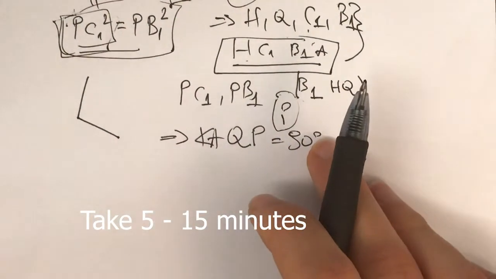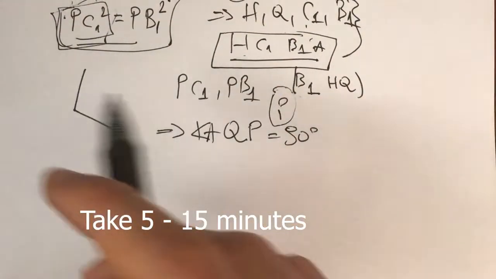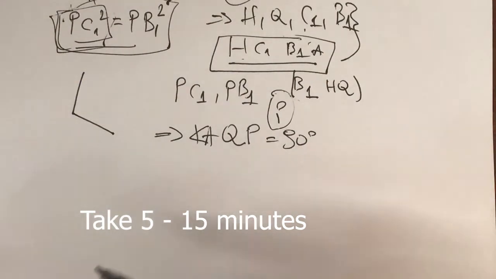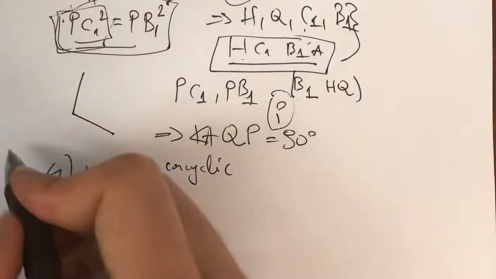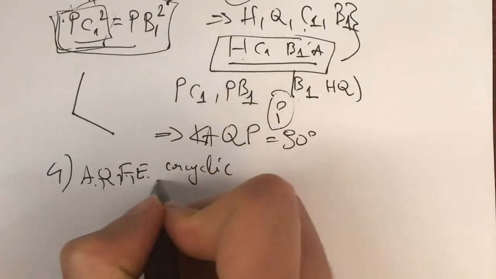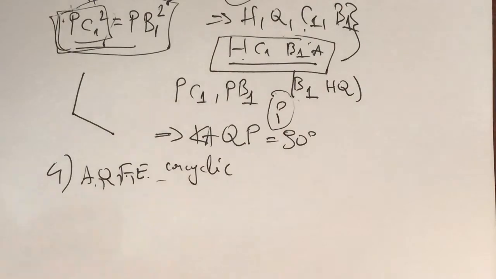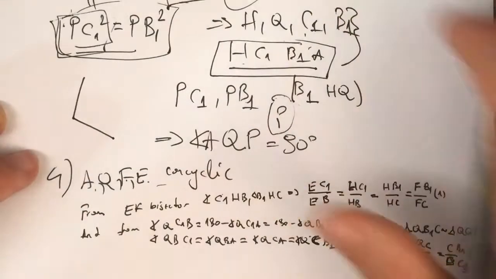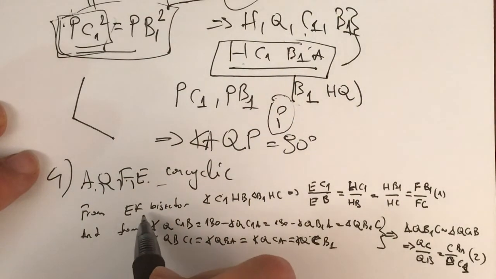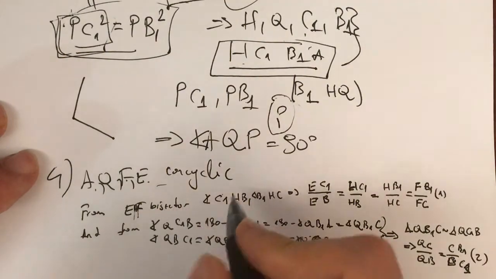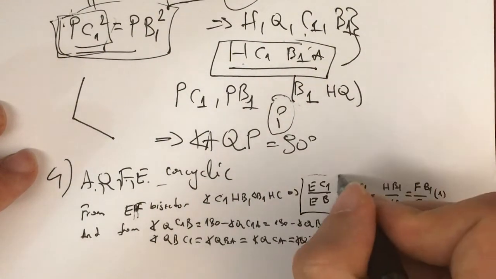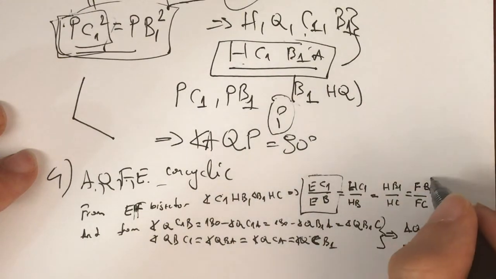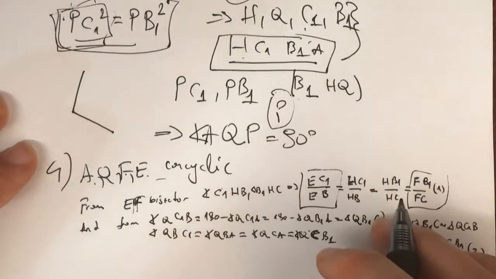And now again, I invite you to take another 5 to 15 minutes and try to take the problem further. Because now I'll go to the next claim, which is that the points A, Q, F, and E are concyclic. The reason is that EF is the angle bisector of C1HB and B1HC, so we have EC1 over EB equals FB1 over FC.